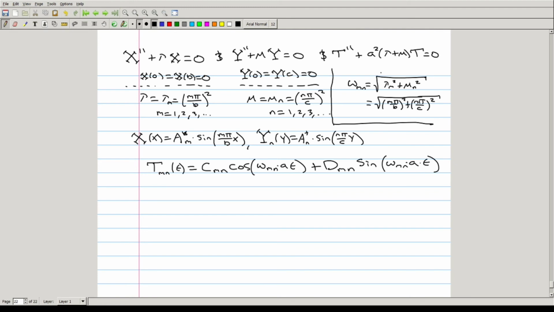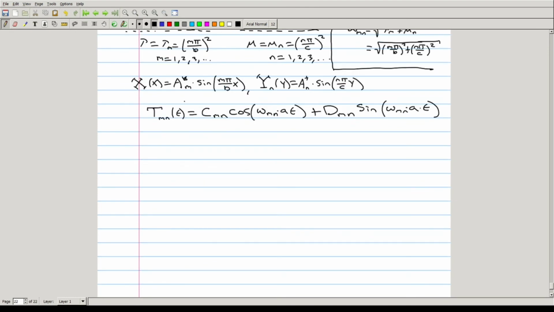And you go through and solve this second order differential equation for t. So when we multiply all of this together, we get that u mn of x, y, t, the general solution for u, is a multiplication of this xm times this yn times this tmn.